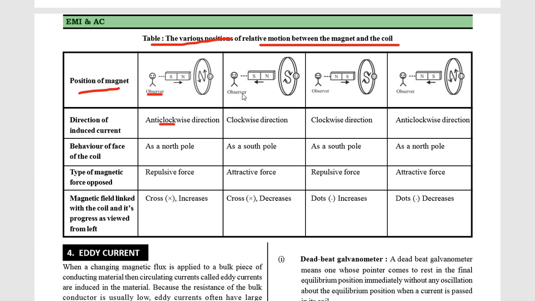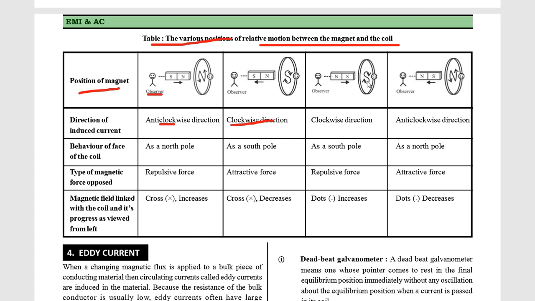So this direction becomes anti-clockwise. Second, if this one is moving away from this closed loop, in that case the front face of this coil behaves as a south pole and the current is in clockwise direction. Third point: again the bar magnet is moving towards the coil, but this time the south pole is in front.